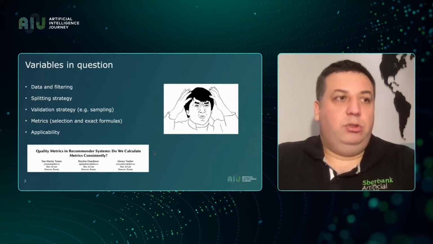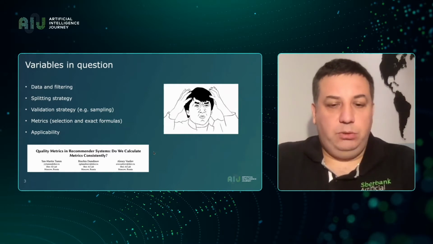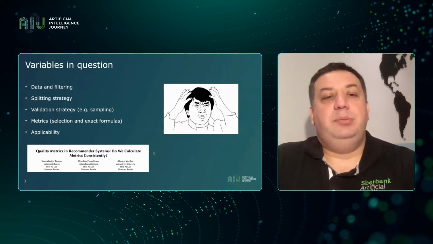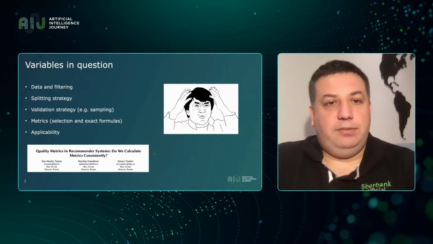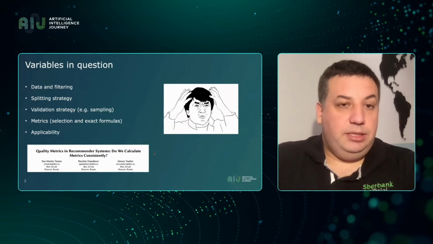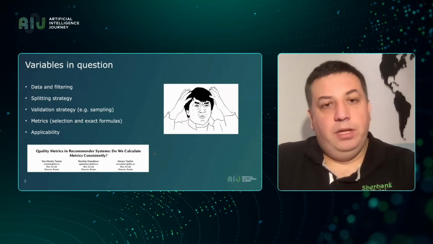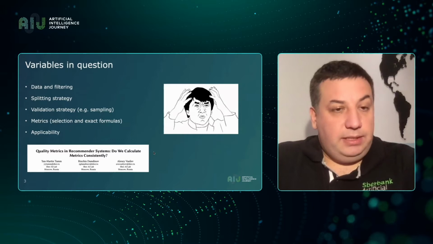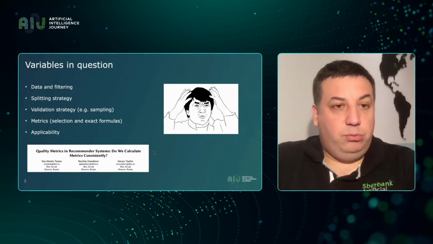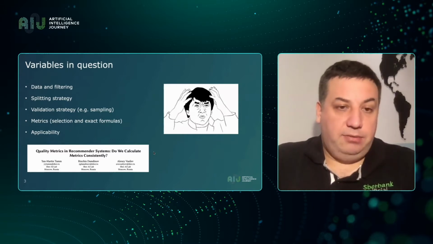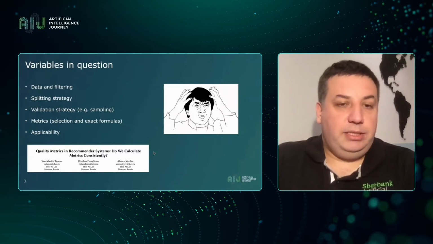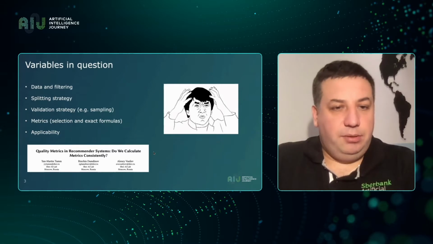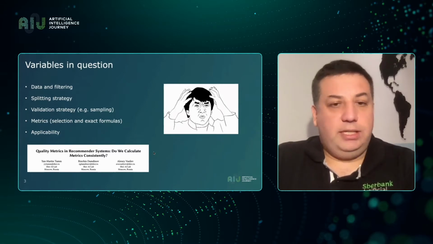Maybe you recommend some really good product, and everybody clicks on that one, but you're not showing most of the products, and therefore your recommendation system suffers. In addition to that, even if you picked metrics, it may turn out that the formulas for those metrics in different libraries are very diverse.